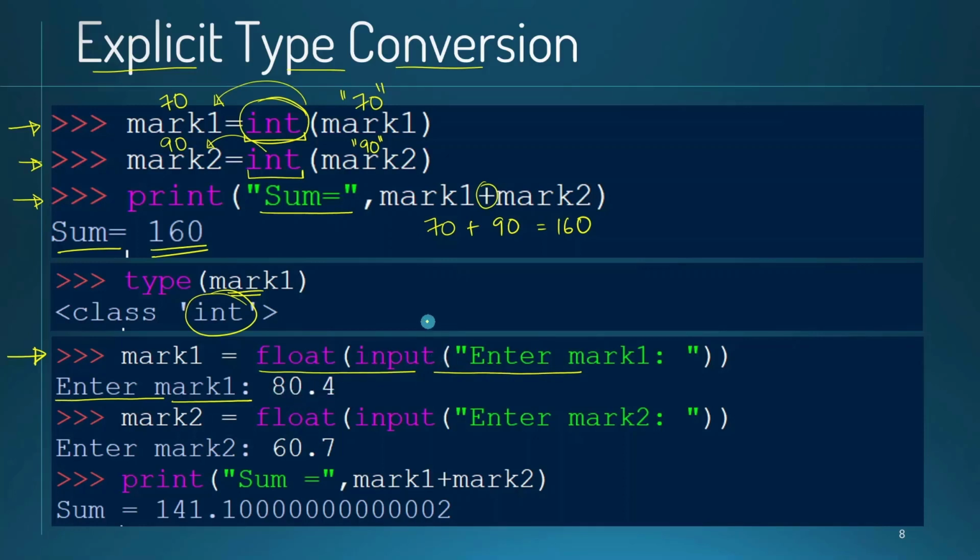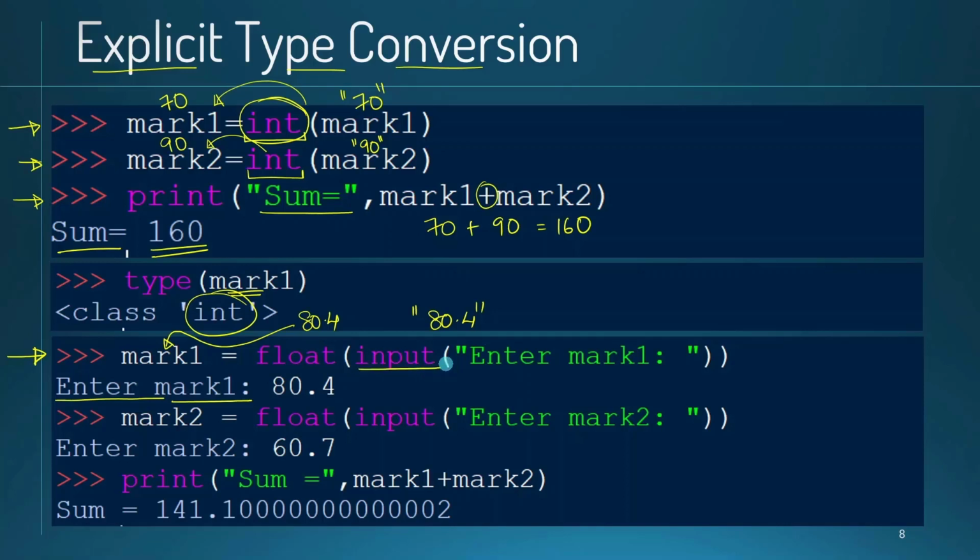Input will read 80.4 as a string. But you can see this entire input function is put inside the type conversion function called float. What will this float function do? It will convert the string 80.4 into a floating point number 80.4, and that will be loaded into mark 1. So in this statement I have used two functions.